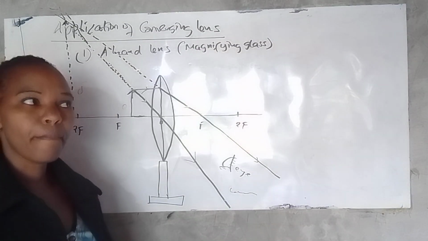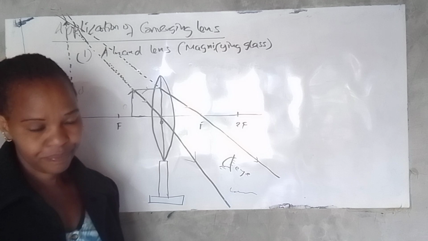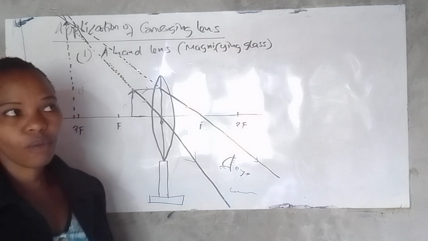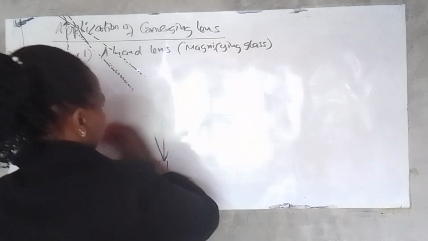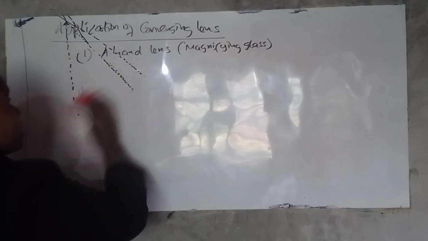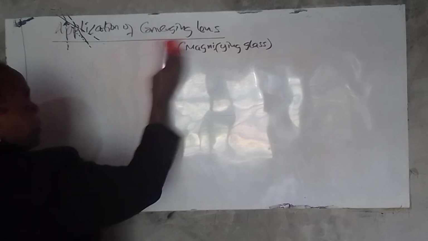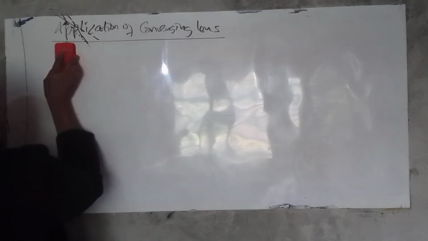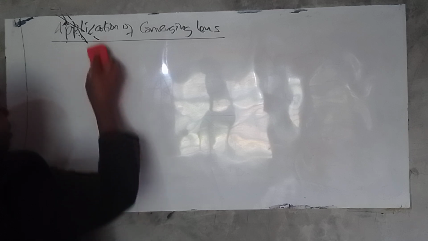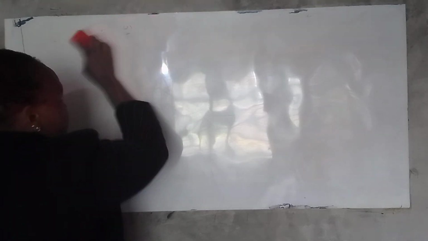Now, in this lesson, we want to look at a simple microscope. How does a microscope work? Okay, we want to look at a simple microscope and see how a microscope works. Remember, we are moving on with applications of converging lenses.